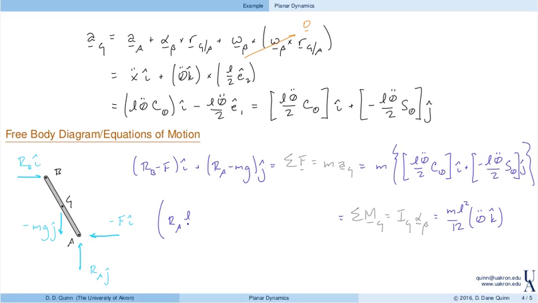So this overall moment, let's look at the moment produced by RA first. Here the moment arm is L over 2 sine of theta, and the moment is going to be in the plus k direction. The moment produced by these two forces I can write together as RB plus F times L over 2 cosine of theta, again all in the k direction. So we have the moment produced by RA, we have the moment produced by RB.